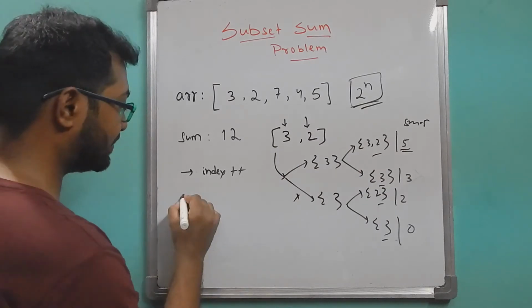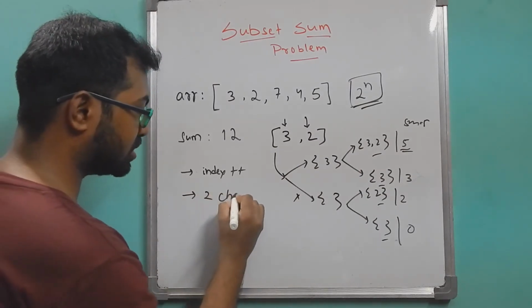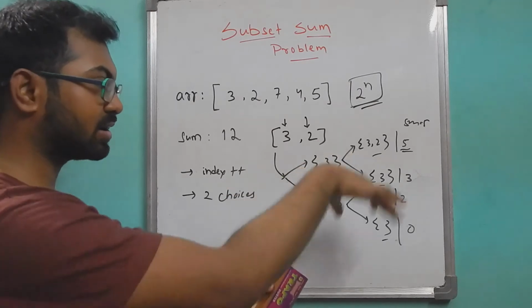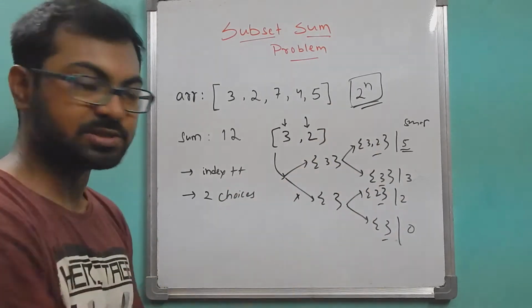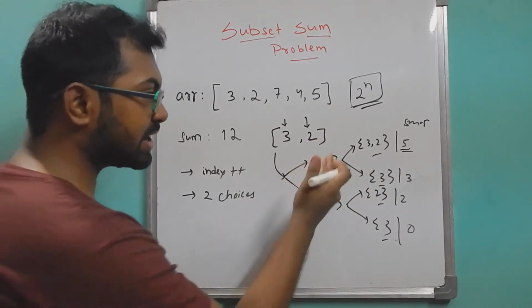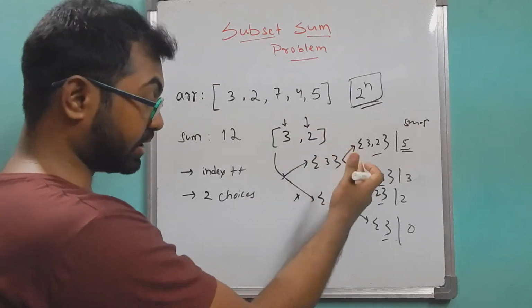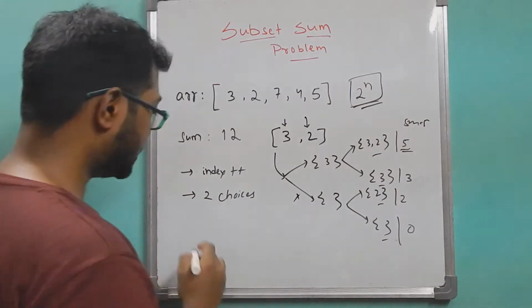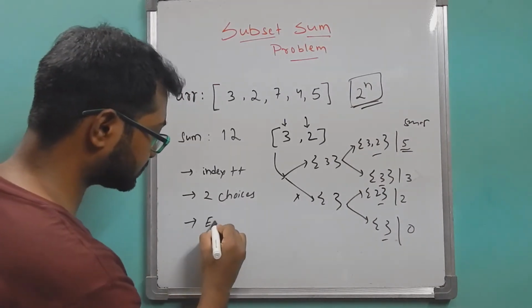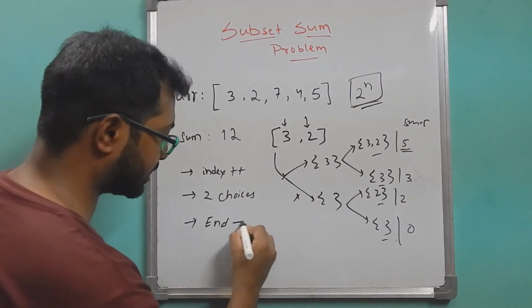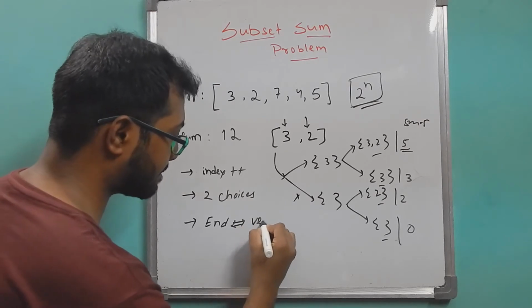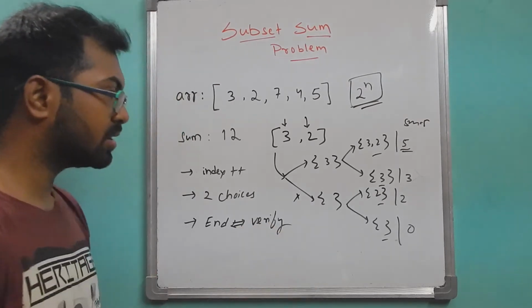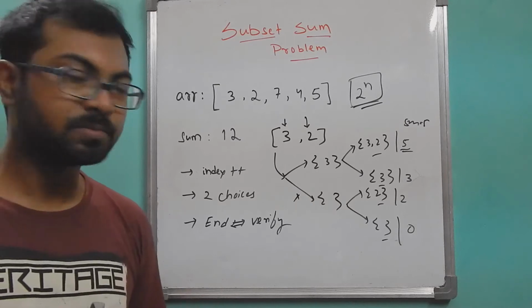Second thing is having two choices, and we are figuring out all the combinations. Now when we are reaching the end of an array, we are calculating if any of this sum matches the given sum. Now towards the end we are verifying it, right? We have to verify, and that's all we have to do.